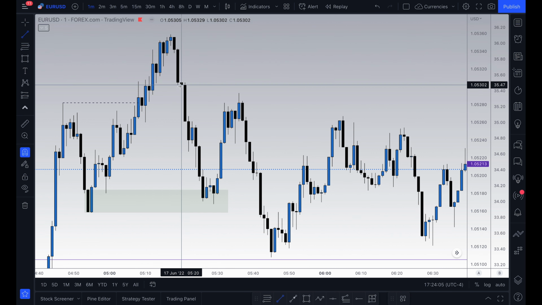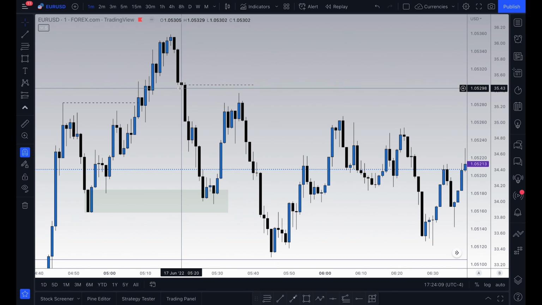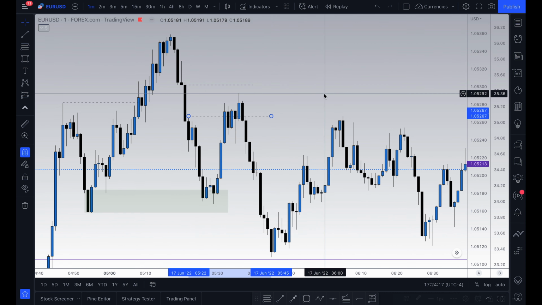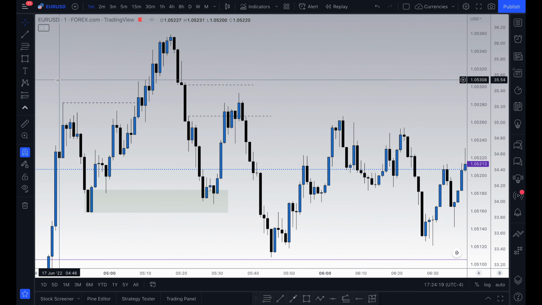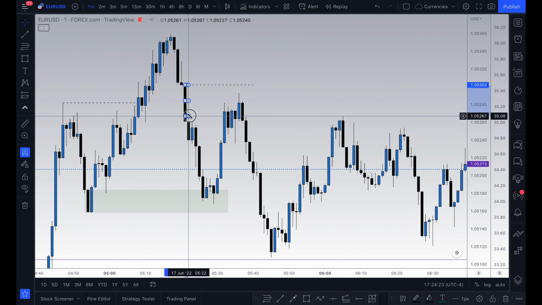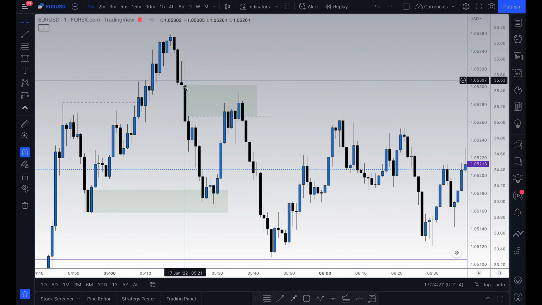But I noticed this area right here where the close of that candle and then the high of this candle left this imbalance right here, this shaded area that I'll shade in. So it left this imbalance.